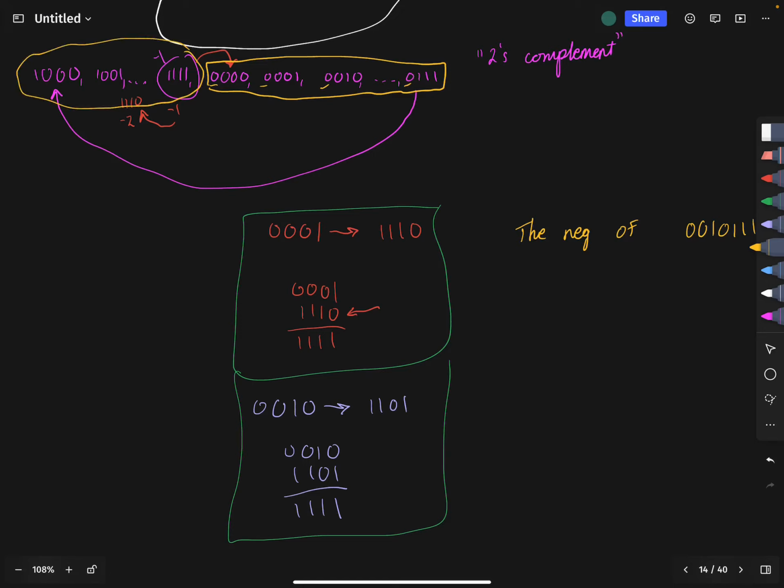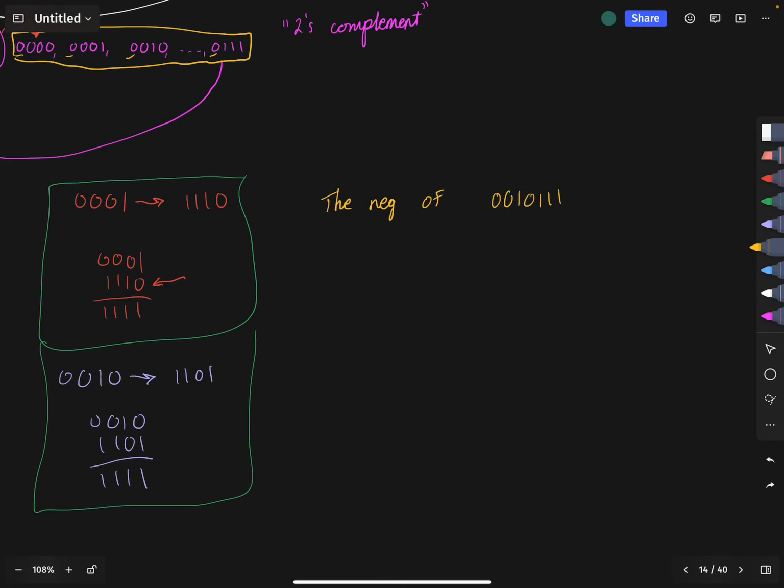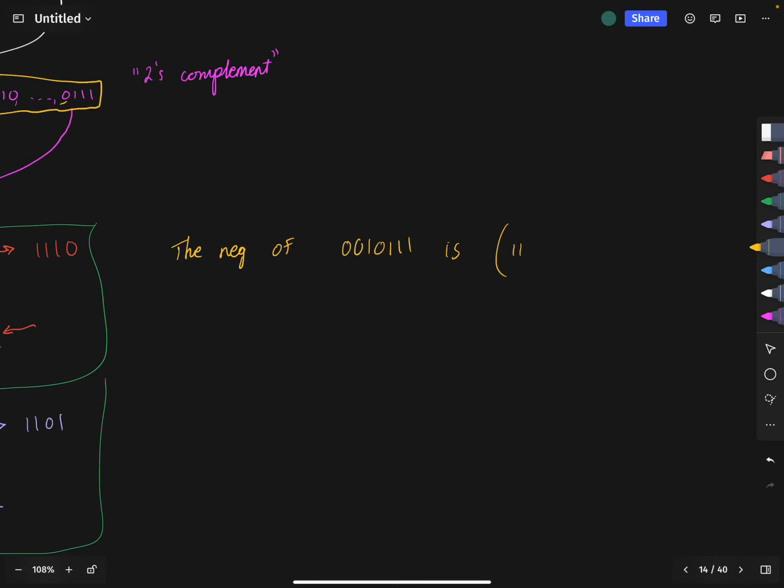But anyway, getting back to the point here. You can tell that this is a positive number, and if I want the negation of it, what I should do is first bit flip and then add 1. In this case, adding 1 is really easy because that rightmost bit is a 0, so all I do is this.